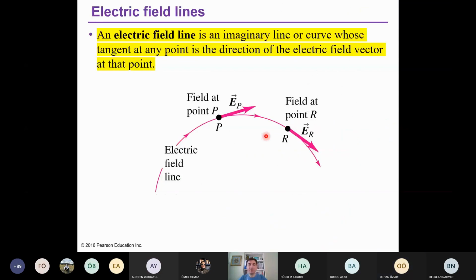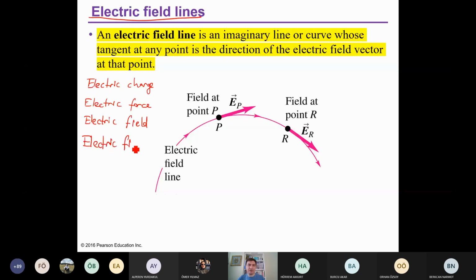Okay, let me continue with the electric field lines. So we have learned electric charge, we have learned electric force, we have learned electric field, and now we will talk about another term, electric field lines.